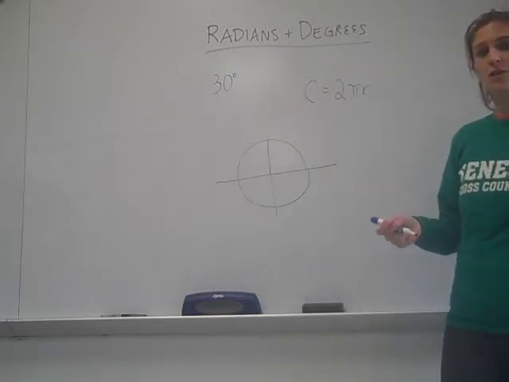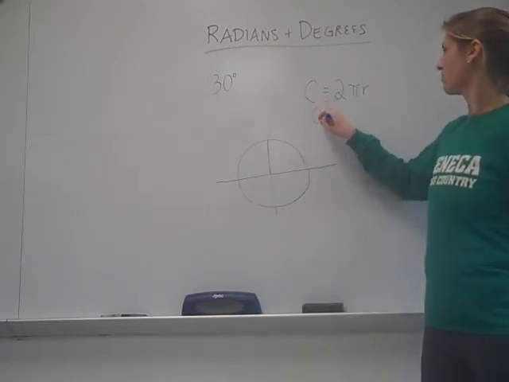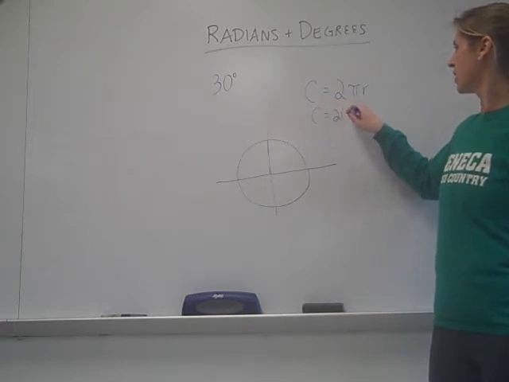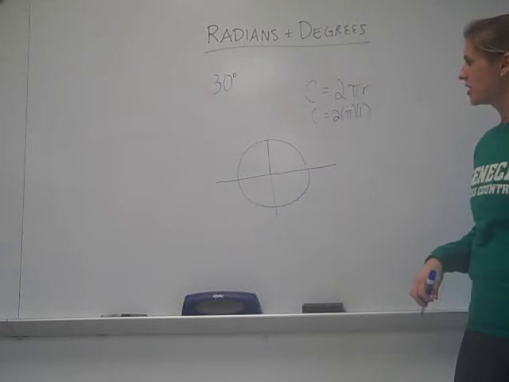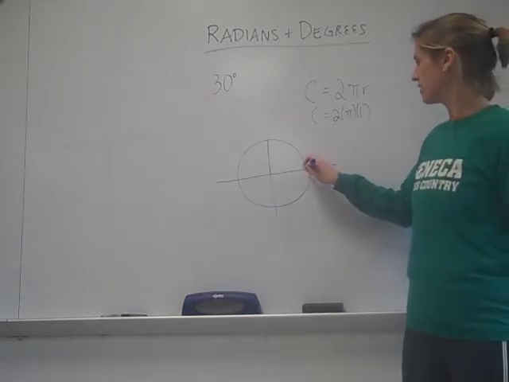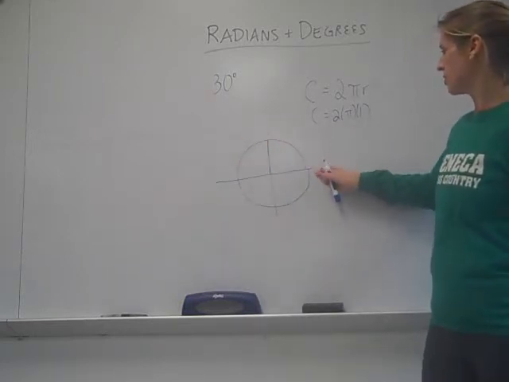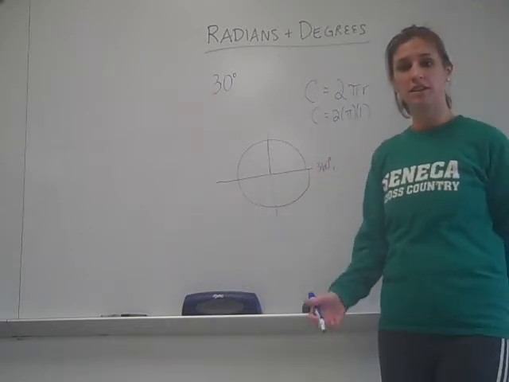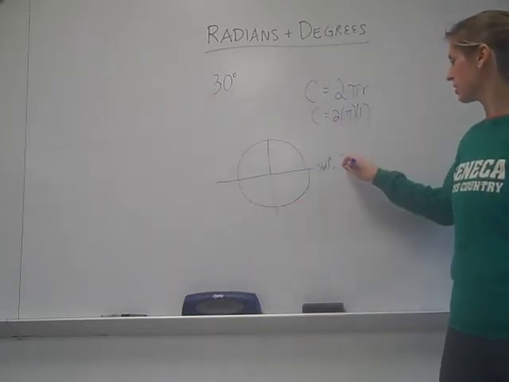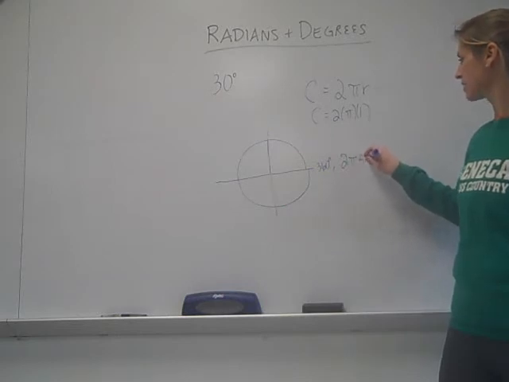So if the radius of my circle is 1, the circumference is 2 times pi times 1, which is just 2 pi. So what we're going to say now, instead of all the way around the circle being 360 degrees, we're going to think about all the way around the circle being 2 pi radians.